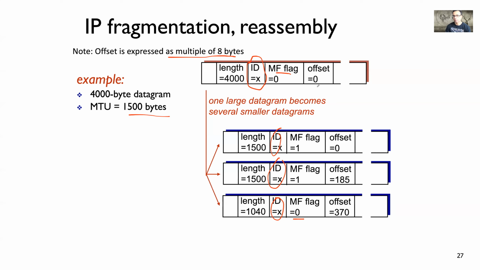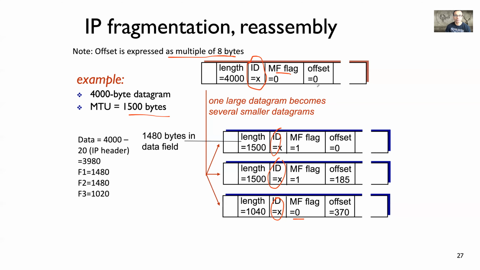So let's look at some simple math here. The original data was 4000 bytes, right? And remember the IP header itself is 20. So the actual payload here is 3980, the total payload of this IP datagram.